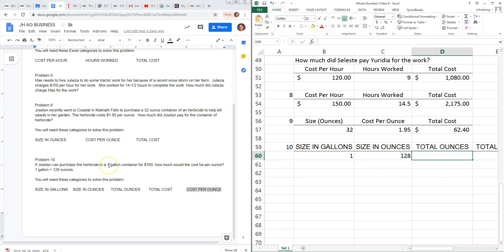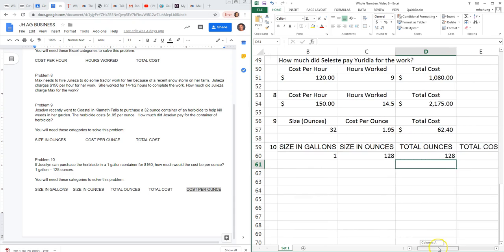So if we have a 1-gallon container and we've only purchased one gallon, how would we calculate the total ounces? That's right, multiplication. 1 gallon times 128 ounces. So that's our total ounces.